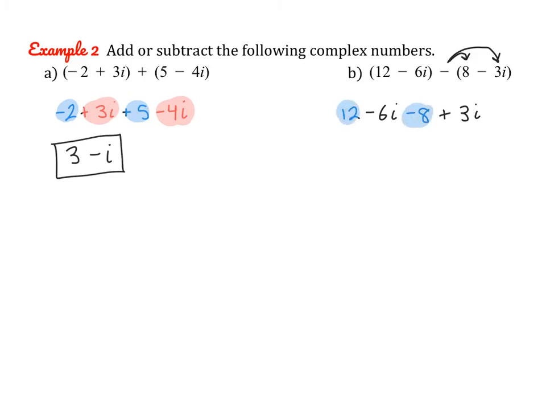So we have 12 minus 8, and then negative 6i plus 3i. This gives us 4 minus 3i. There you have it. Adding and subtracting complex numbers or imaginary terms is really just like combining like terms with any other variable.